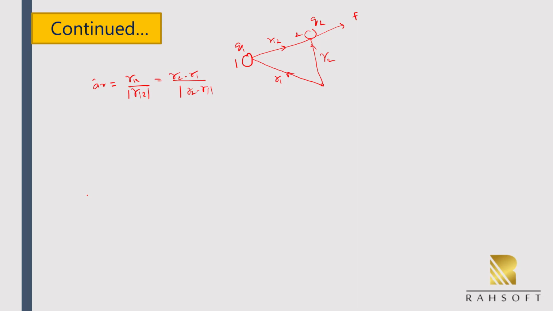Because we have this expression of the unit vector, equation 3 can also be written as F is equal to 1 over 4 pi epsilon naught Q1 Q2 divided by the modulus of R2 minus R1 cubed, into R2 minus R1.